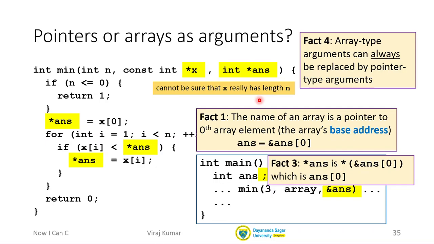But it turns out that even in the old syntax, we still can't be sure that the array really had length n. The only reason why I personally prefer this syntax is that when we are reading it, it's very clear that here we're talking about an array whose size is at least n, and this n is one of the arguments that is given to the function.